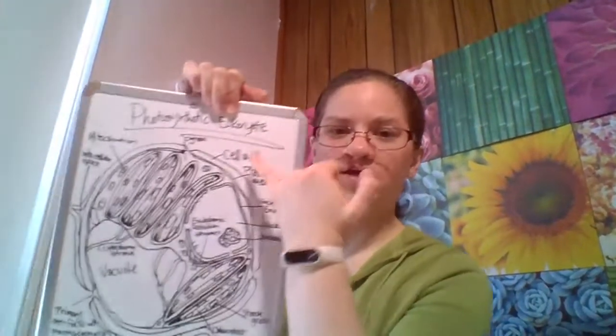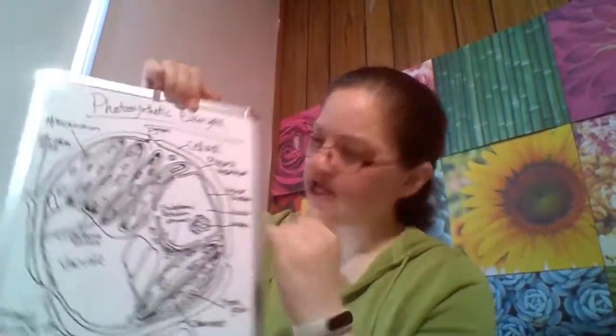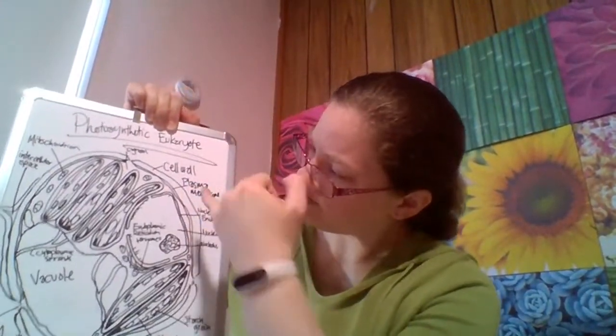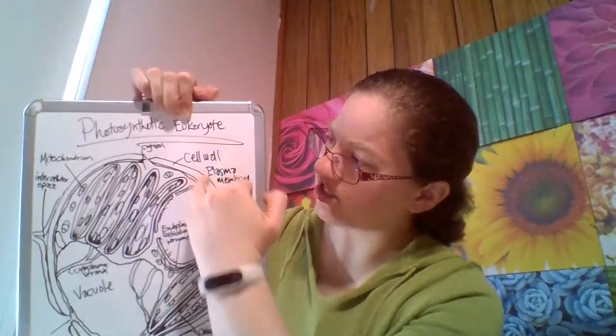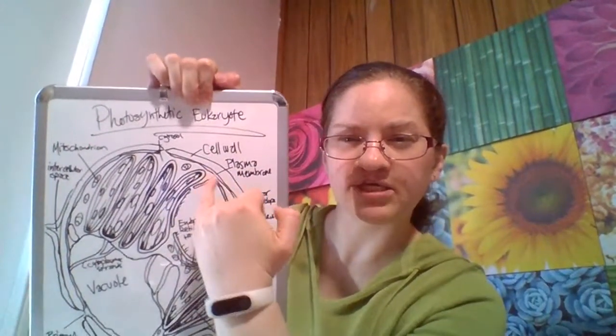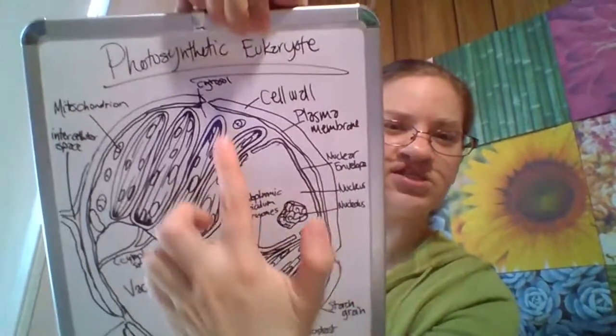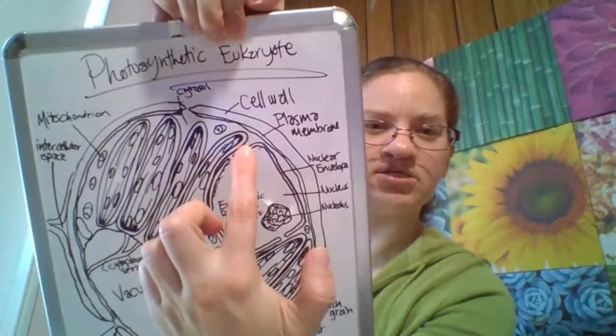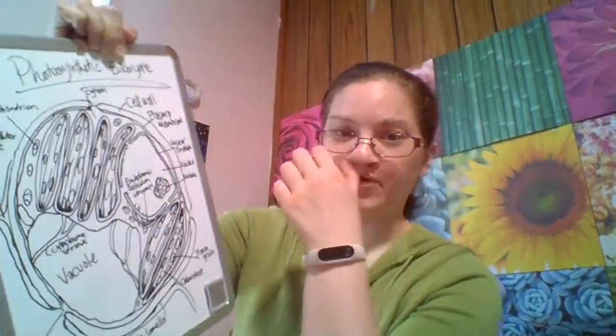So, plasma membrane. It delineates the outer edge of the cell cytoplasm. And we've got the cell wall out here, and if you look, there's a line right on the inside of the cell wall right here. That is the plasma membrane.